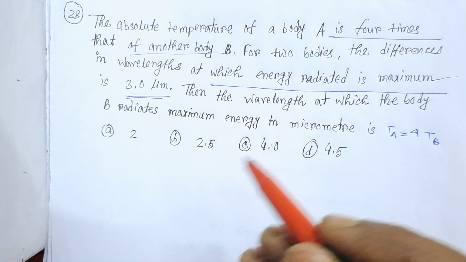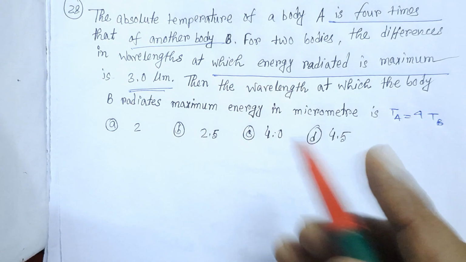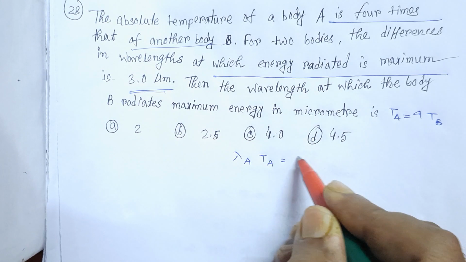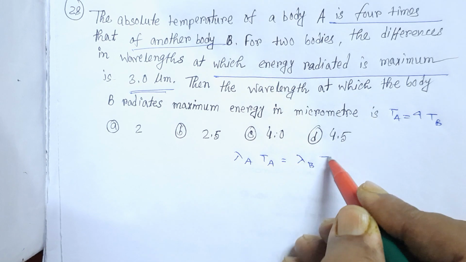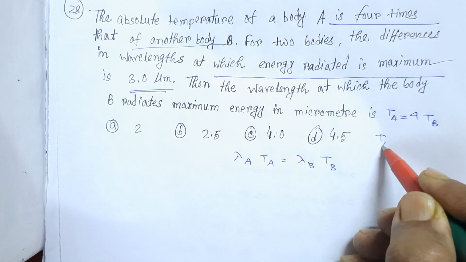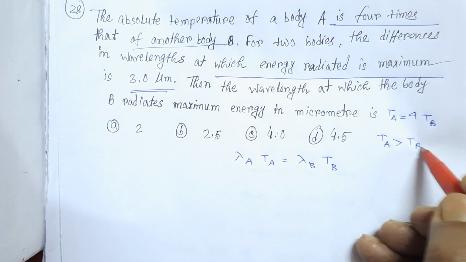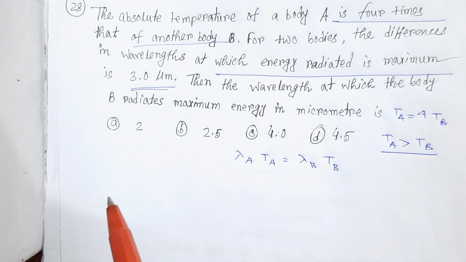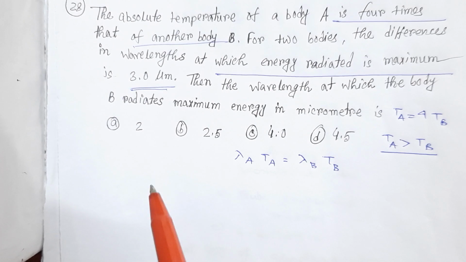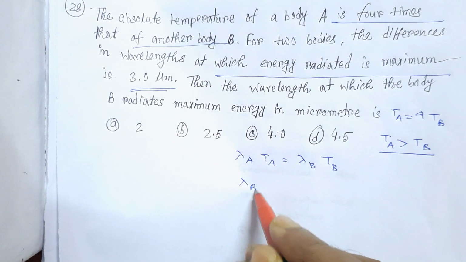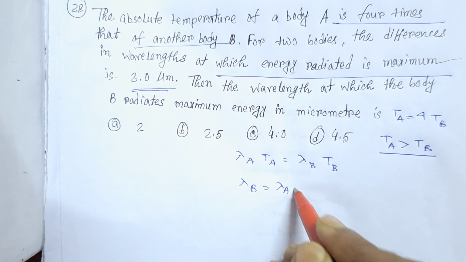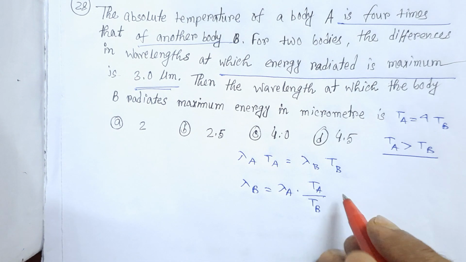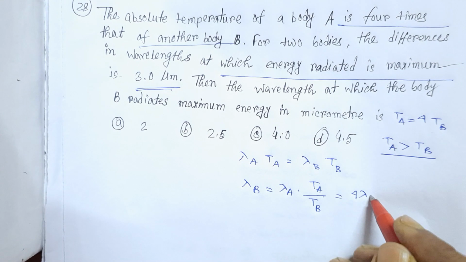We know from Wien's displacement law, lambda A into TA equals constant equals lambda B into TB. Here TA is greater than TB, so lambda B is greater than lambda A, and lambda B equals lambda A into TA by TB. Now TA by TB is 4, so lambda B equals 4 lambda A.